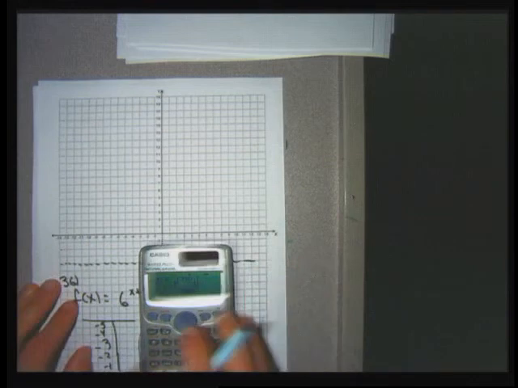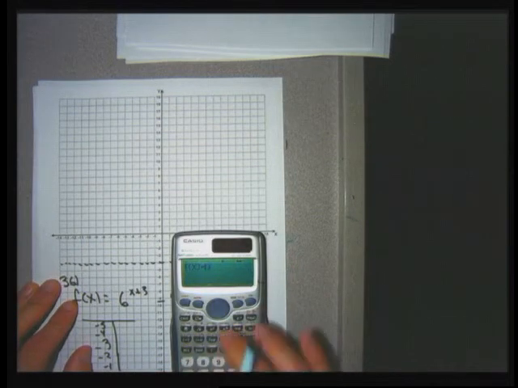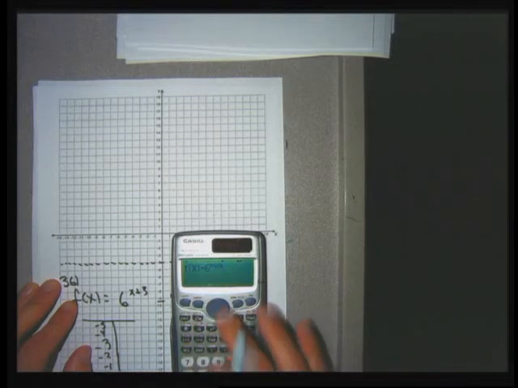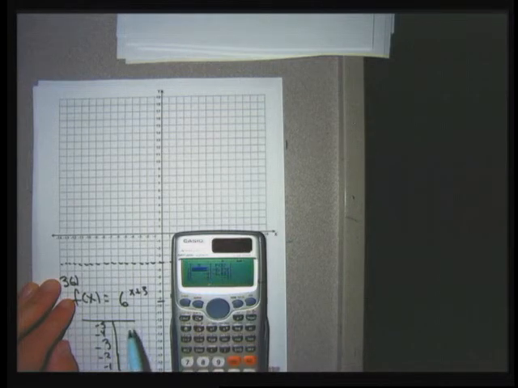Now I'm going to make my table. Mode 7, 6, exponent alpha x plus 3. Get out of the exponent, tag the -4 on there. Start at -5, end at -1. Step 1, first point I get -3.97.